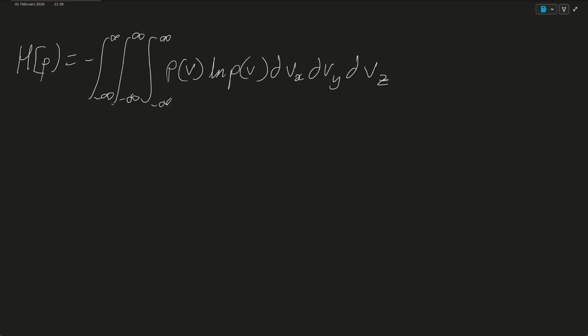In the last video we maximized the Shannon entropy using calculus of variations, and we found that under certain constraints that yields the normal distribution.